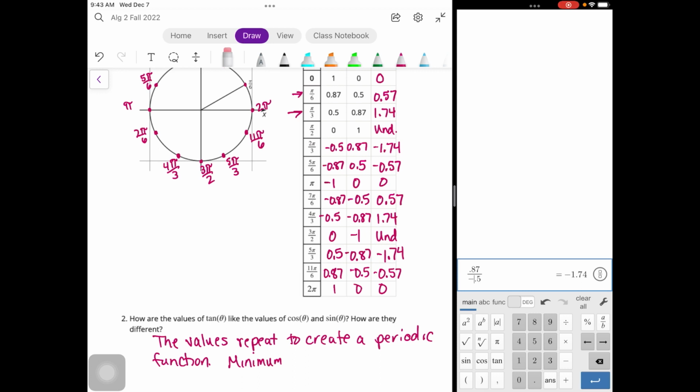So we're not going to write that down, but we can talk about it. And there's also not a maximum because it keeps on going forever. But there are places where it's undefined, and that is not true for sine and cosine. You don't get that with sine and cosine.